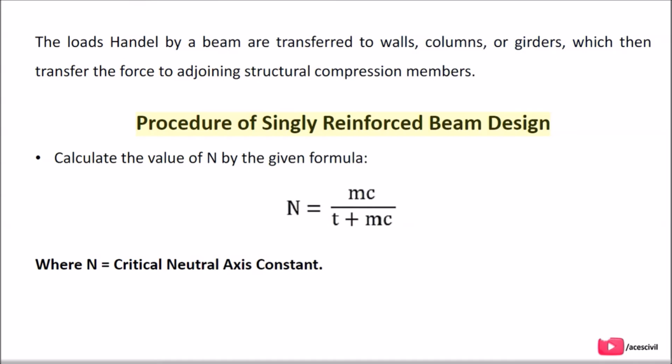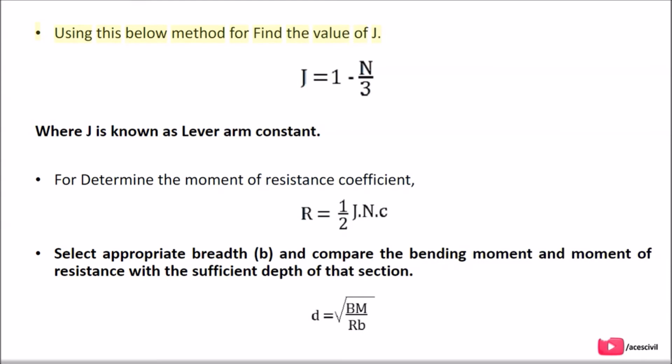Procedure of singly reinforced beam design. Calculate the value of n b by the given formula, where n equals the critical neutral axis constant. Use the below method to find the value of j, where j is known as the lever arm constant, and to determine the moment of resistance coefficient.